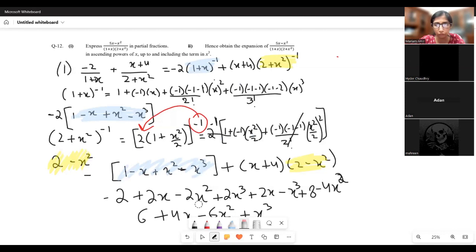No, this is still minus 2. The mistake was here, the mistake was in the first one. This should have been half. Okay, since half came here, it is also being multiplied with 2, so that becomes minus 1.